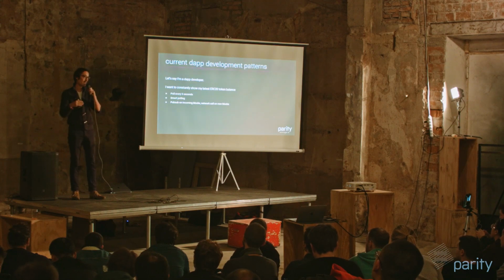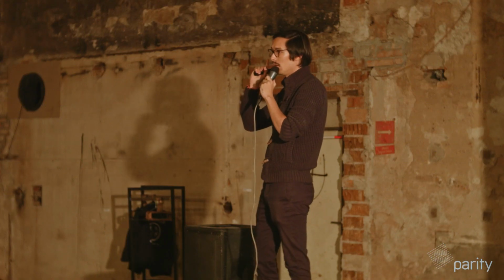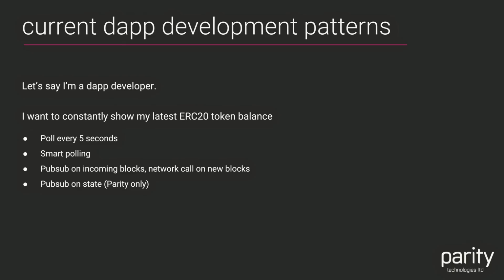So I just listen to a new header, and every time there's a new header, I will poll the blockchain to get my balance. And also at Parity, we have this special PubSub on states where we can PubSub on any other JSON RPC. That's also something we used internally in Parity UI that I mentioned before.